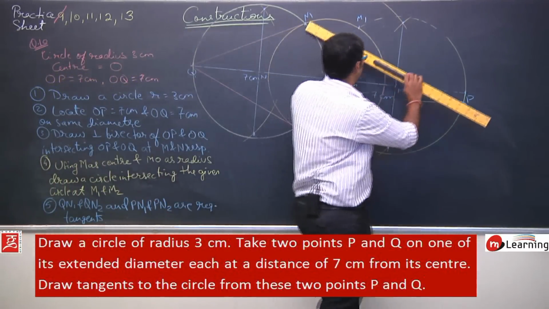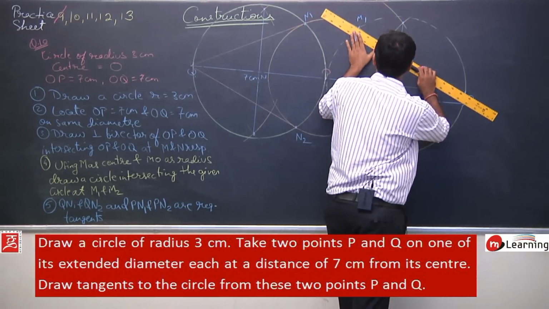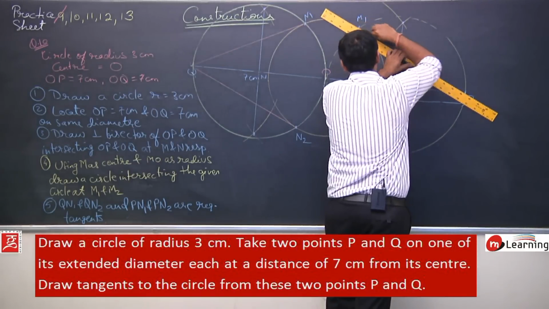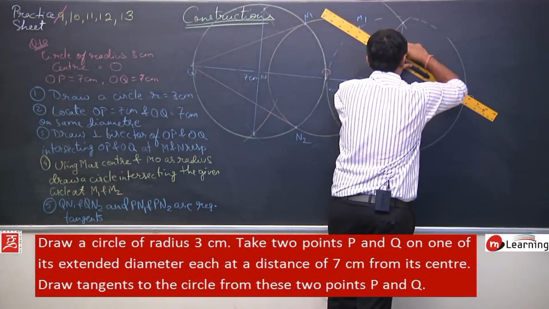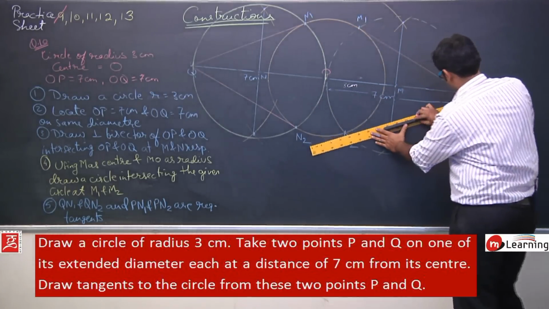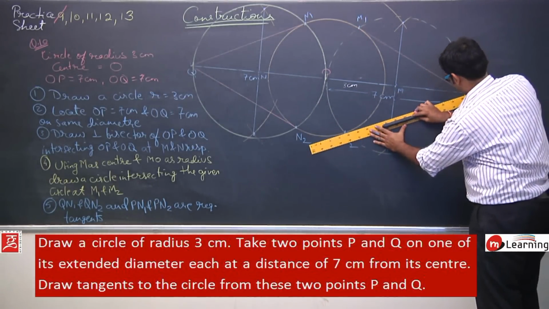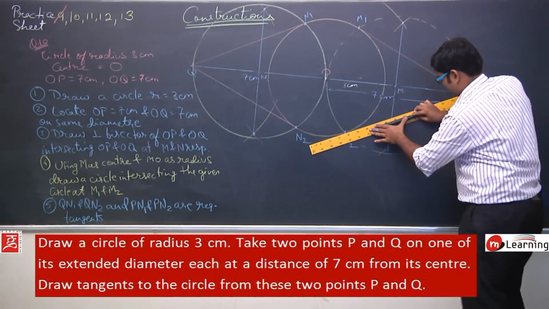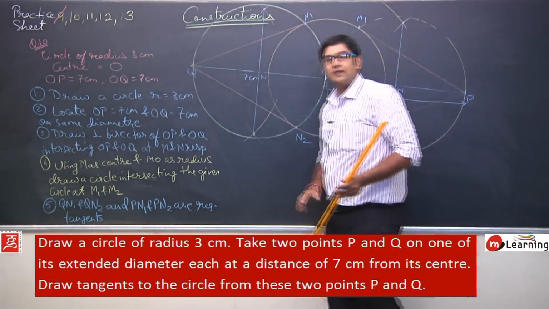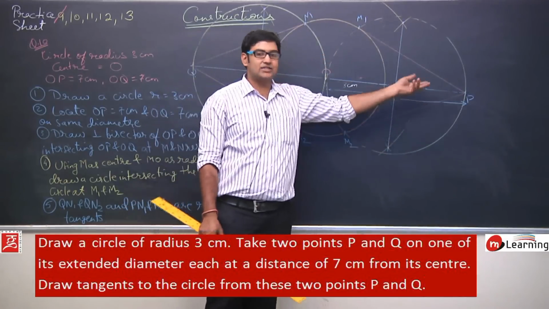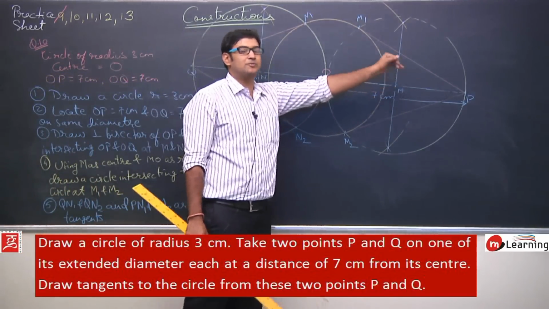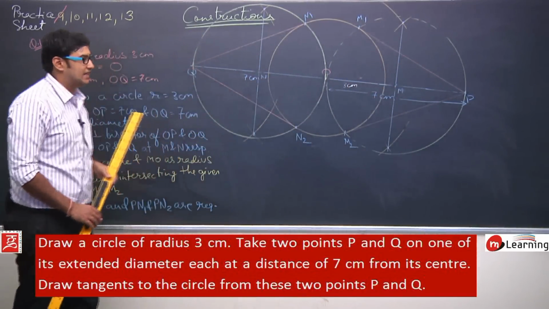Second thing, I will join this P with M1 and this P with M2 as well. And you will get PM1 and PM2 as the two other tangents. So we have got four tangents from two different points P and Q to this circle with center O.